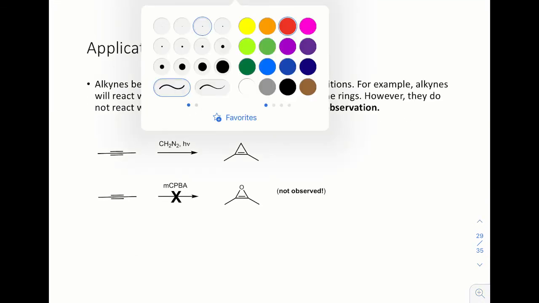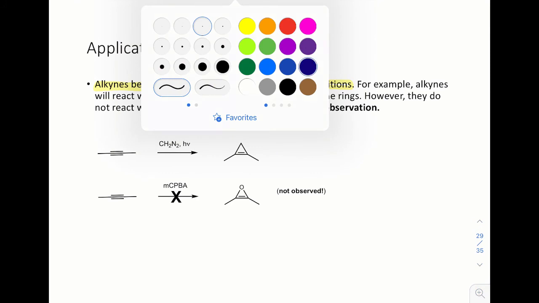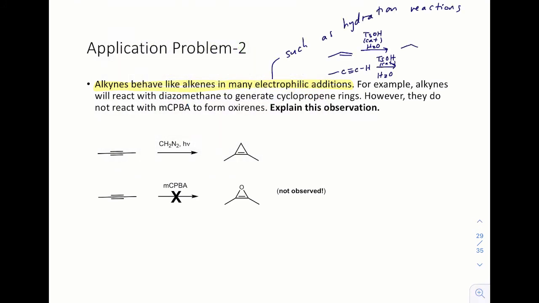We learned in Organic Chemistry 1 that alkynes behave like alkenes in many electrophilic addition reactions, such as hydration reactions. For example, both alkenes and alkynes react with catalytic acid to undergo hydrations.